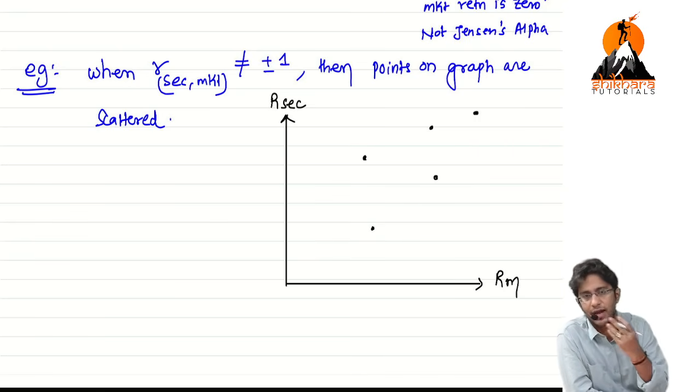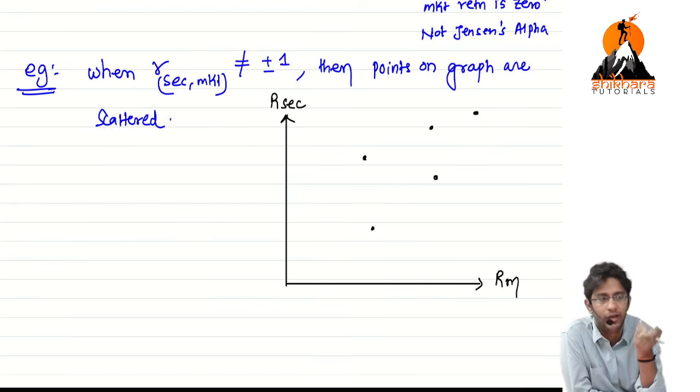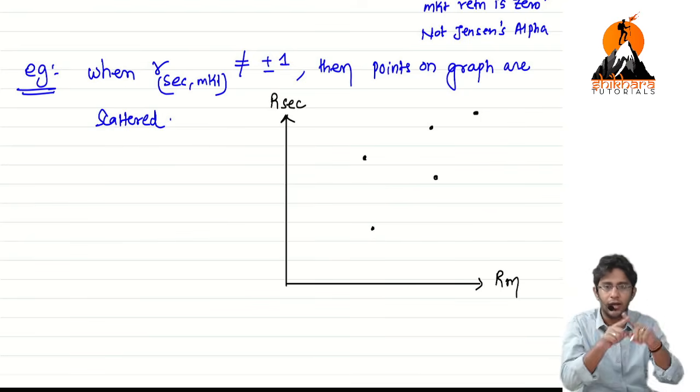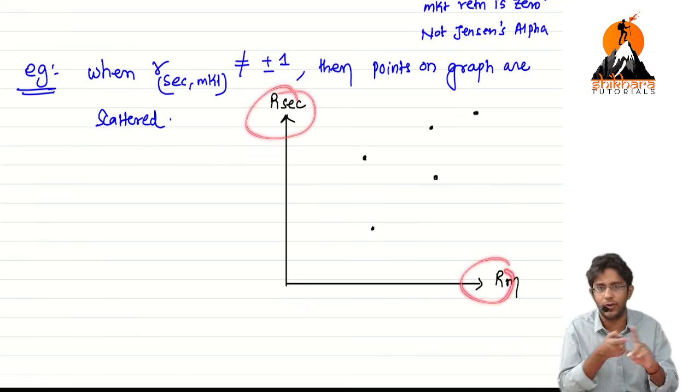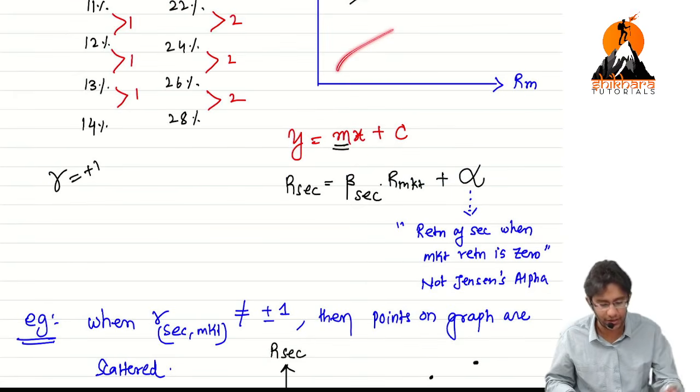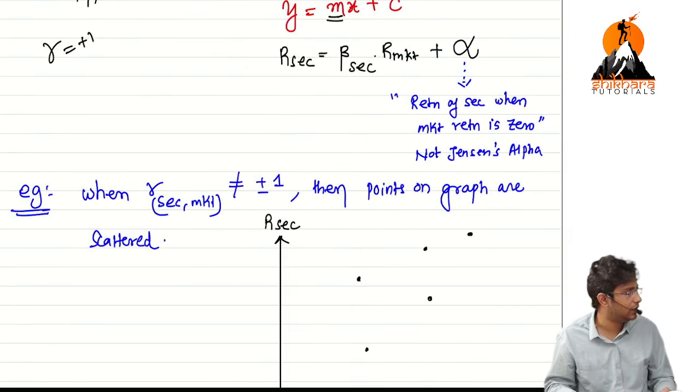When points are scattered like this, how will I frame a line equation for this? How can I establish a relationship between these two? To establish a relation between x-axis and y-axis, it should be a straight line. If it is not a straight line, how will I establish the equation?